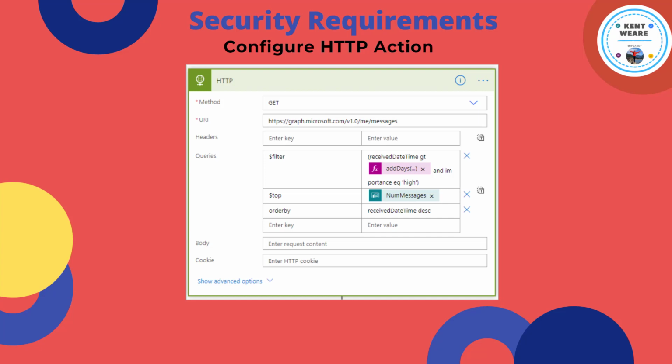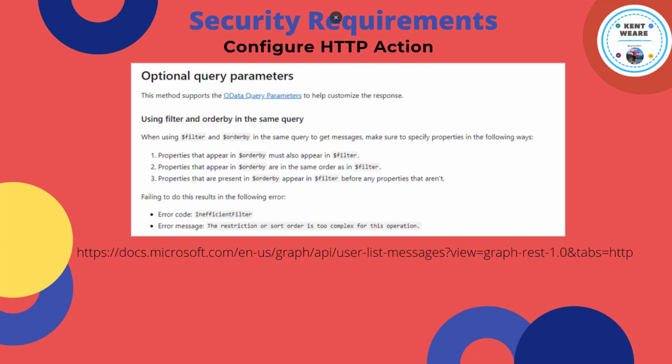Now, this is where there's a bit of a nuance, so it's important to pay attention. You can get an error that specifies an inefficient filter. What it means is that the restriction or sort order is too complex for this operation. So let's recap the rules. The 3 rules are: number 1, properties that appear in our order by must also appear in our filter.